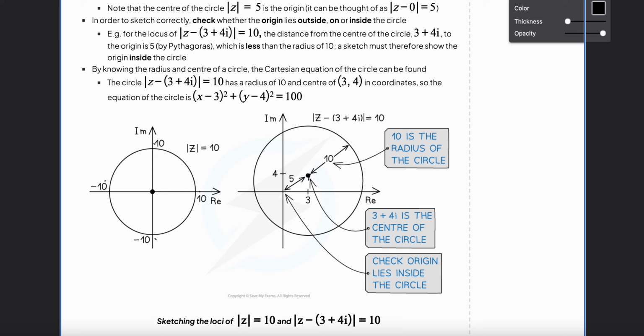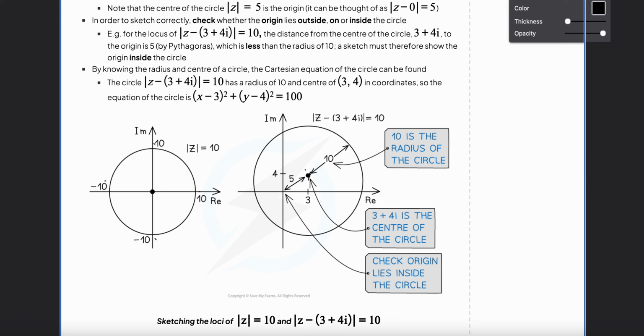One thing that we have to be careful of when we are drawing our circles is we have to determine whether the origin is within the circle or not. If you look at this, I have my center here, the point 3 plus 4i, and I have my origin here.